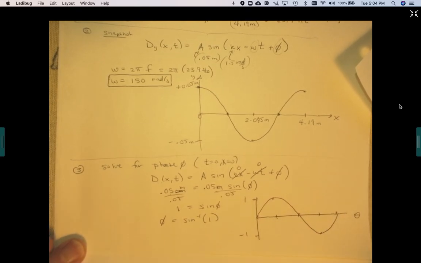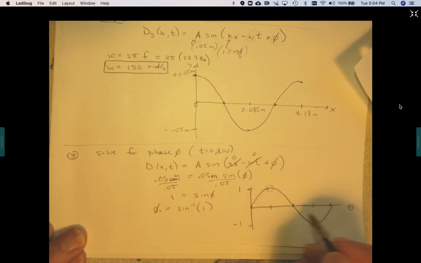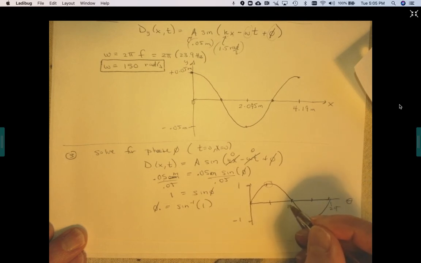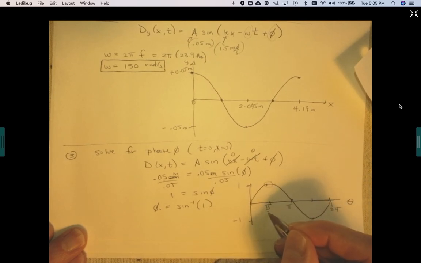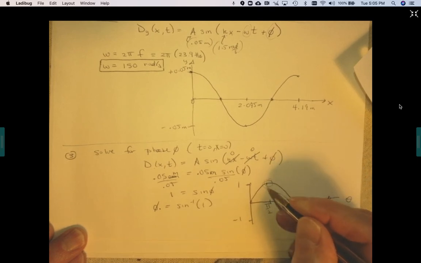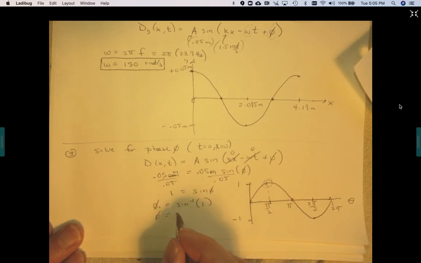The full cycle takes 2 pi, so this is pi, that's pi over 2, and this is 3 pi over 2. The angle whose sine is 1 is right here, so phi equals pi over 2.